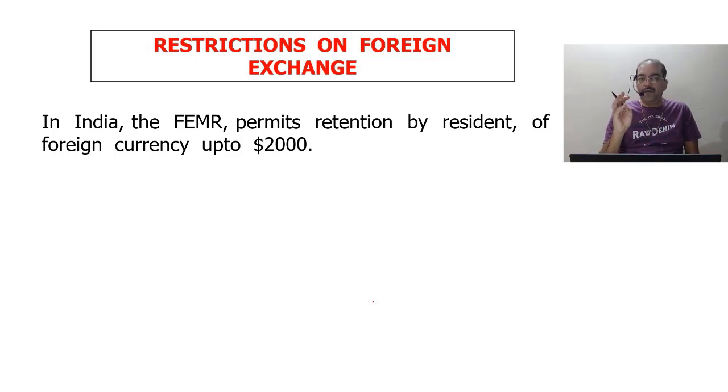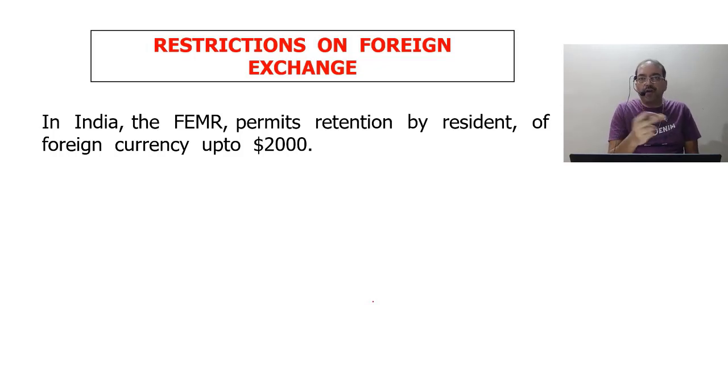Which incomes? Remuneration, that is salary, settlement of legal obligations, income on assets held abroad, inheritances, gifts, all such incomes which you are receiving in foreign currency have to be surrendered to the authorized dealer within 7 days.